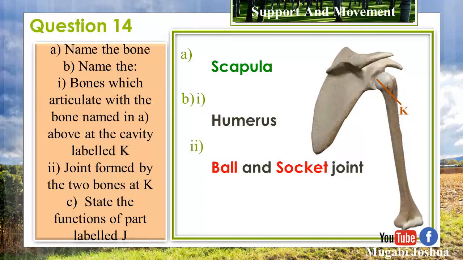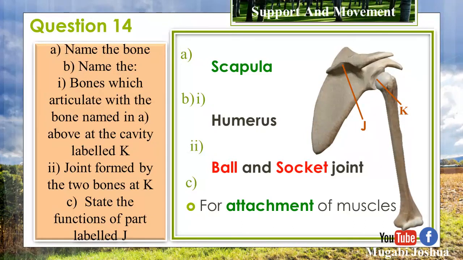K forms a joint which we call ball and socket joint. Then part C requires us to state the function of the part labeled J. When you look at that part, it is for attachment of muscles.